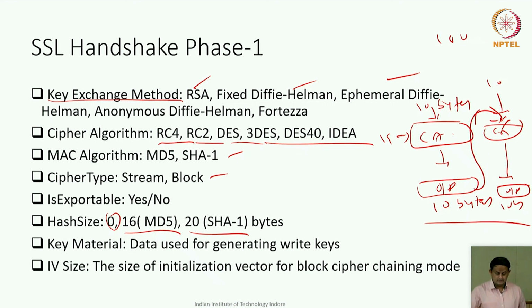And then you have an initialization vector. Some of the cryptographic algorithms require an initialization vector. So the size of that initialization vector, the key material, how you derive the session key, and what component is transferred is also indicated here.